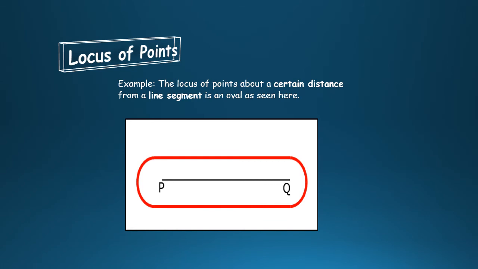Of course, you're going to set up 2 parallel lines above and below line PQ. They'll be equidistant. And the reason that it forms the racetrack is from point Q, holding that distance of the parallel will cause an arc to form, literally a half circle. And the same at point P.